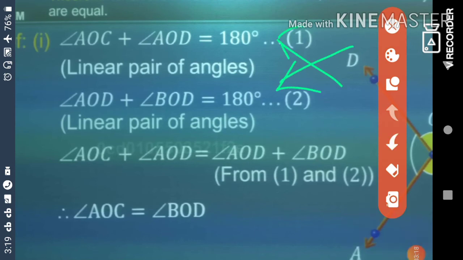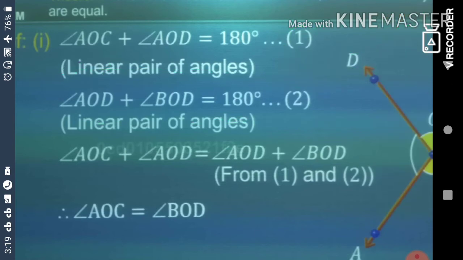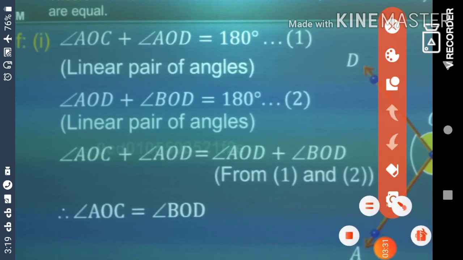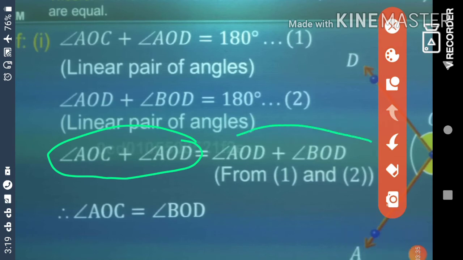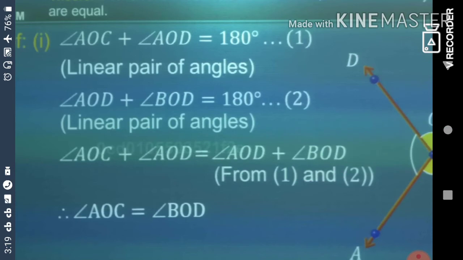So 180 and 180 are the same thing. So angle AOC plus angle AOD will be equal to angle AOD plus angle BOD, from equations 1 and 2.